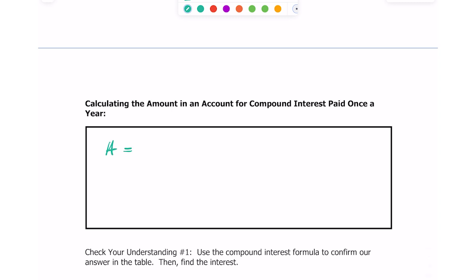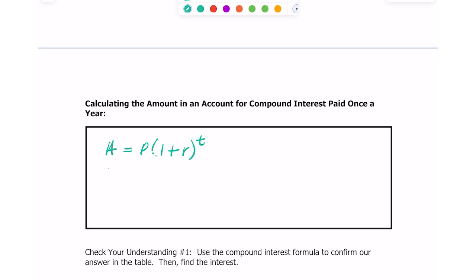So there is a formula that we can use so that we don't have to keep doing that over and over again. It would be very tedious if we kept money in an account for 20 years, or you borrowed money for 20 years and there was compound interest on it. Your table would be 20 rows long. So the formula is very handy. It's A equals P times 1 plus R to the T power.